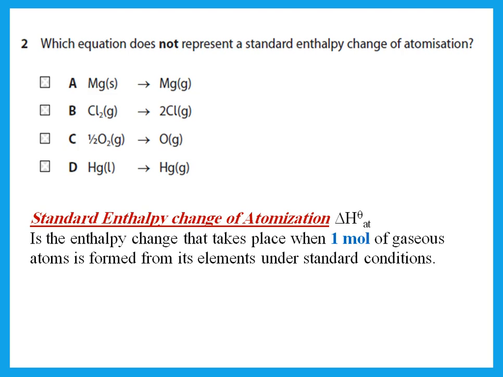So you're looking for an equation that should form 1 mole. Now he's asking which one is not standard enthalpy change of atomization. The first one forms 1 mole of magnesium gaseous atoms, but the second one forms 2 moles of chlorine atoms. That's not standard enthalpy change of atomization.